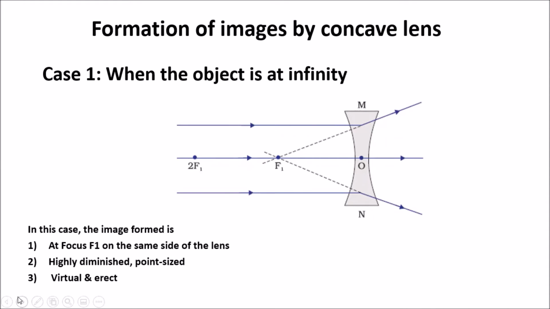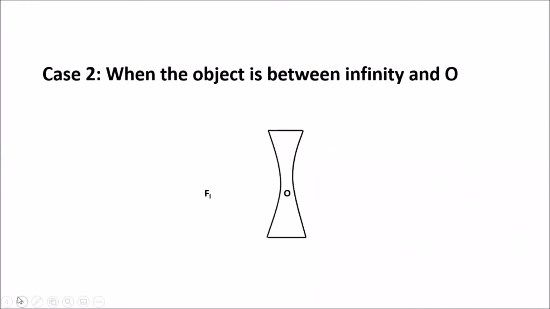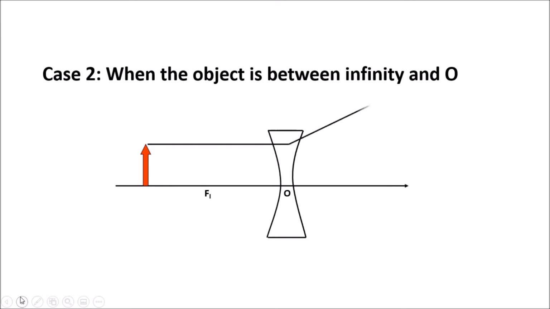So going ahead with case two, we draw the basics when the object is anywhere between infinity and optical center. We can keep the object anywhere, and the moment we draw the object, we'll use rule 1, which says a ray which is parallel passes through the focus for convex lens, but for concave lens it diverges and appears to be coming from focus.